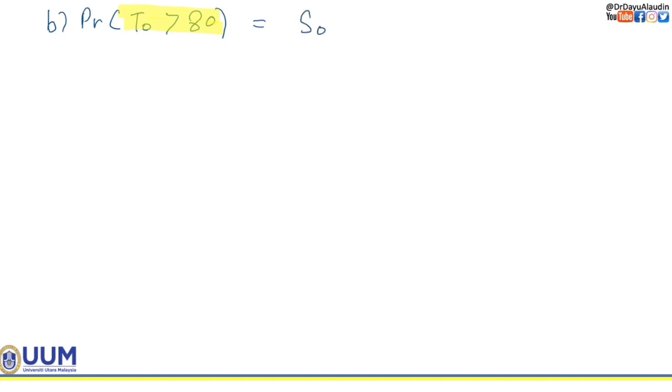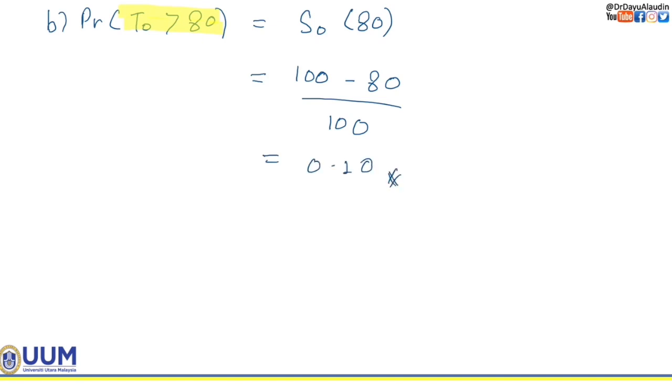So S0 at t equal to 80, we plug the 80 into the function straight away because we are given in terms of the survival function, and we get 0.2.